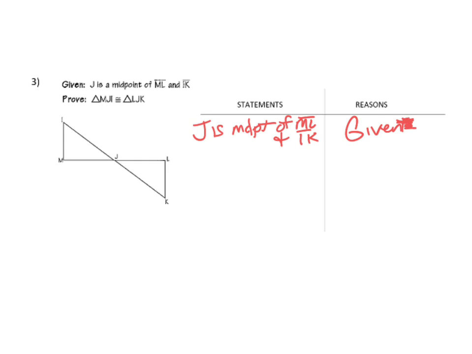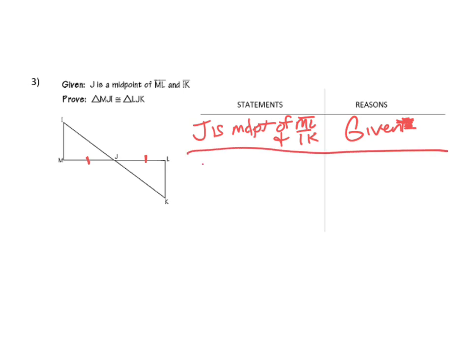J is the midpoint of ML. Well, remember the midpoint, it's in the middle, and it's going to create these 2 pieces that are going to be congruent to one another because it lands at the midpoint. I know that this and this should be congruent to one another.